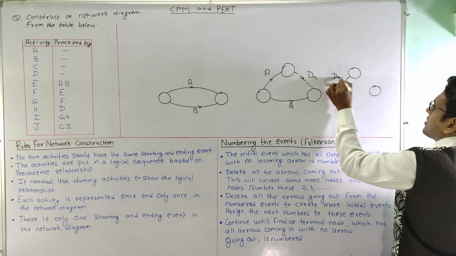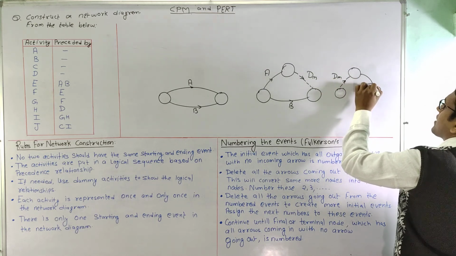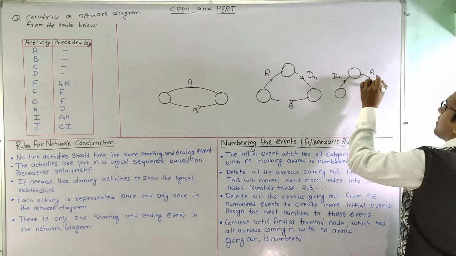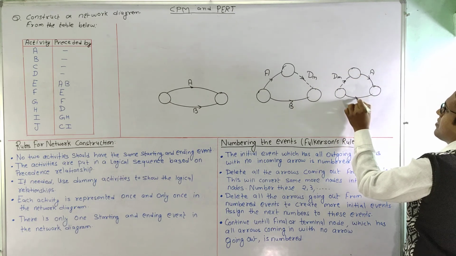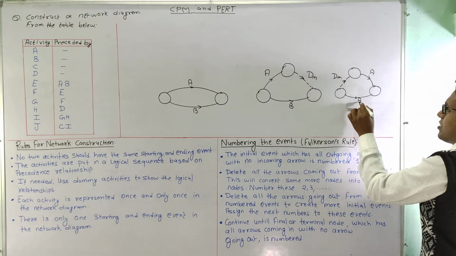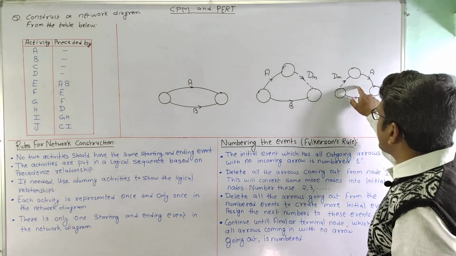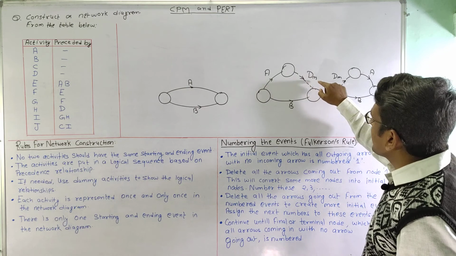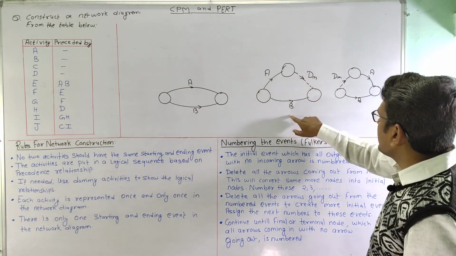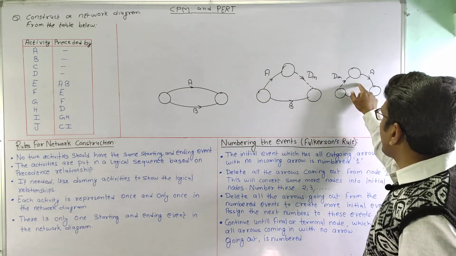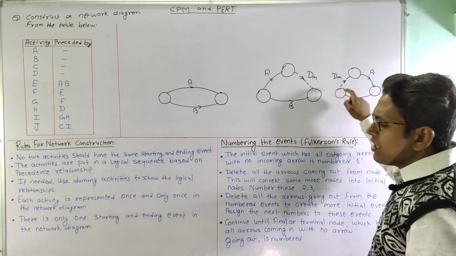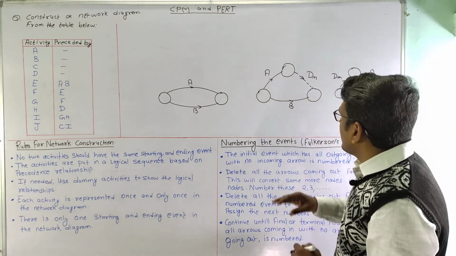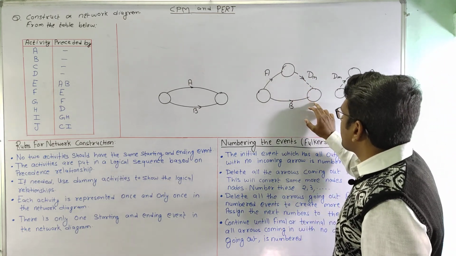This is the dummy activity, this is activity A, and this is activity B. So this can also be written in this form, and similarly the dummy activity can also be added with activity B on either side, just as in the case of activity A. So the dummy activity is just showing the precedence.